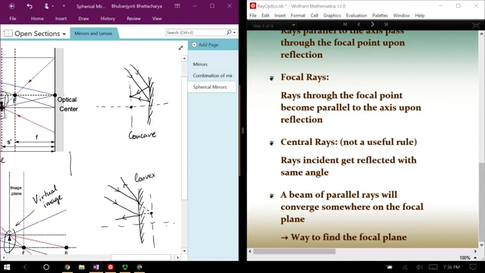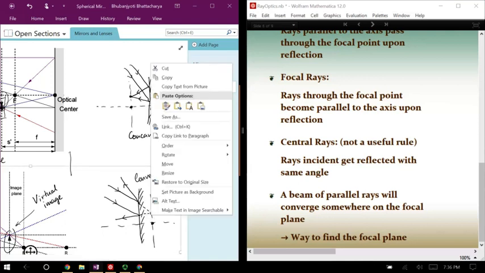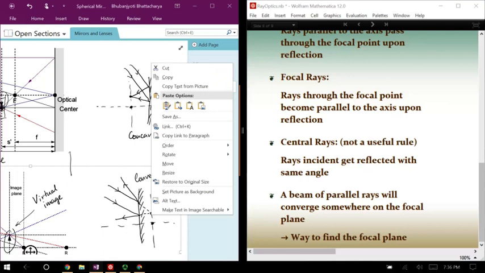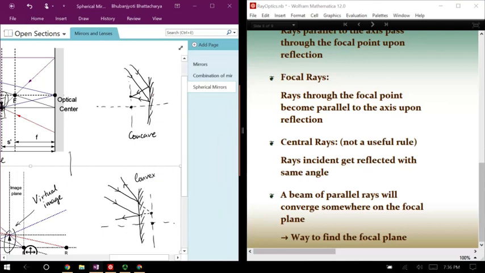So if this is my principal axis, that's the focus. A plane that is passing through the focus will be the focal plane, and somewhere on the focal plane will be the image, the virtual image of this infinitely far away object from which the parallel rays of light are coming.